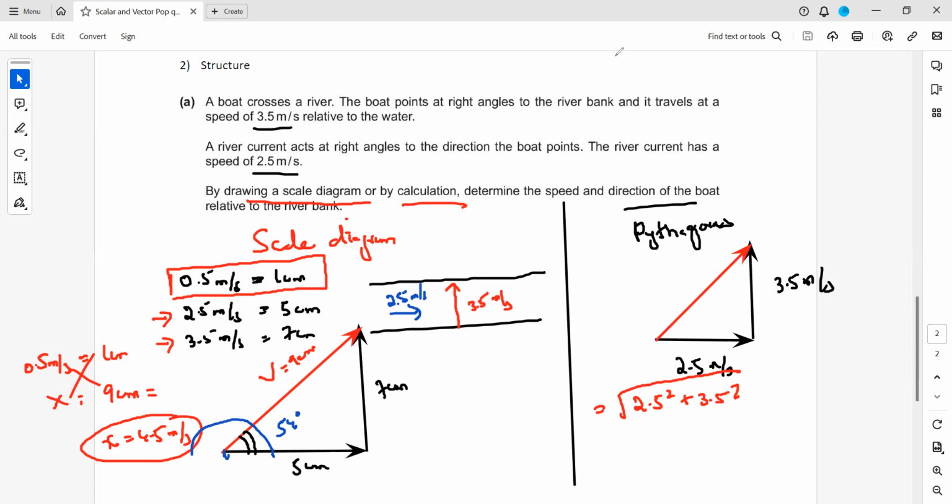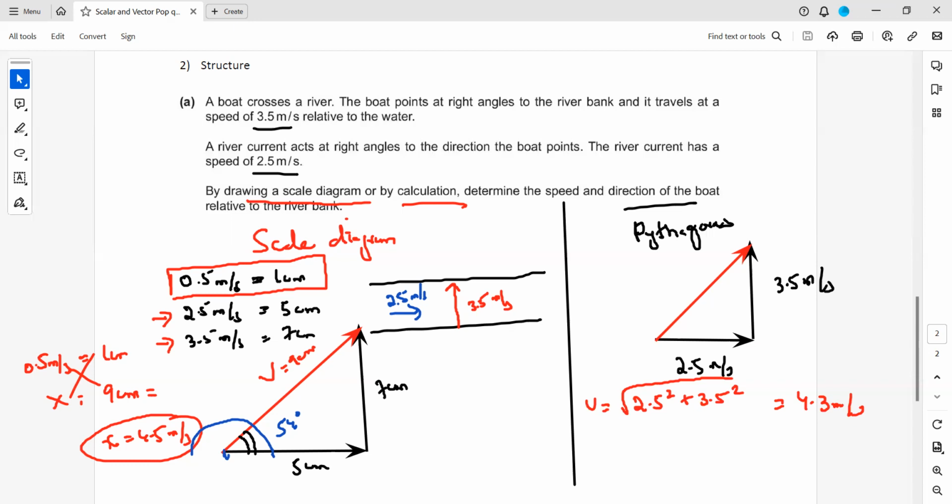Magnitude means the value of the resultant. When we solve, it will be about 4.3 meters per second.